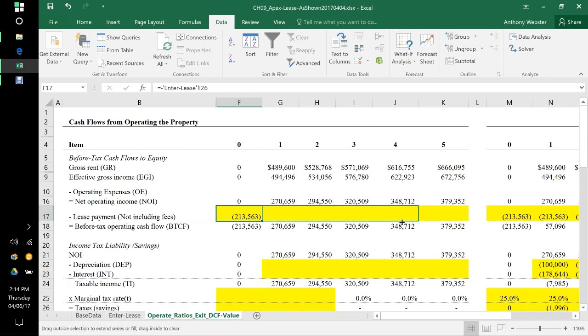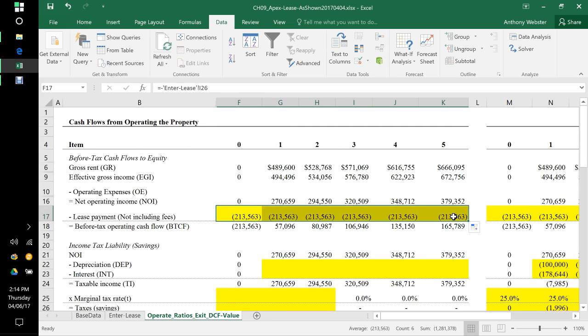And that's going to be the same for all years, except, oops, look what's going on here. If they made this payment, it would be made at the end of year 5 or the beginning of year 6 for the right to use the property in year 6. But they have the right to, and are planning to, leave this lease at the end of year 5 with no penalty.